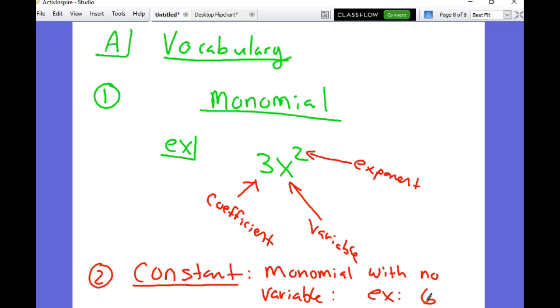It's just a number, basically. So a constant is a monomial that has no variable. Constant means it doesn't change. Variable means it does. So if you don't have a variable, then it's not changing. Therefore, we would say it's constant.